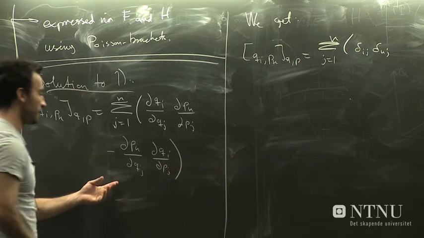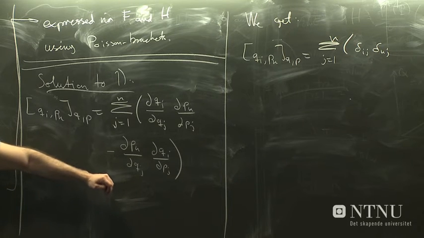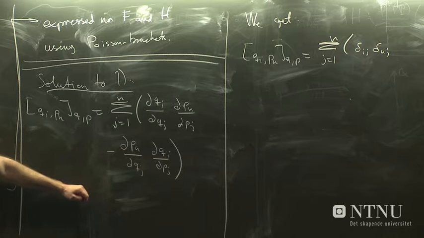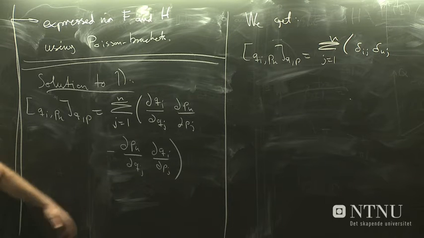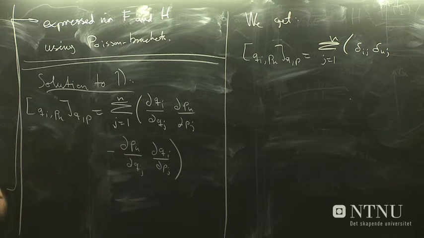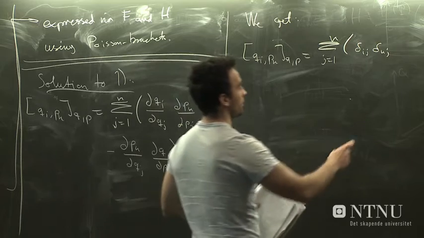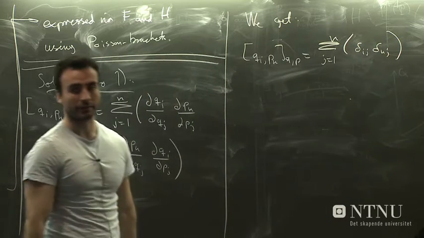All right, and what about this term? Any ideas? It's 0. Why? Because the coordinates are independent. Yep. Keep in mind that canonical variables are always treated as independent of each other. So both of these partial derivatives are identically 0, and we can close the parentheses there.